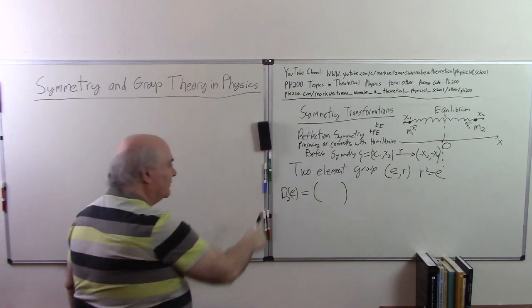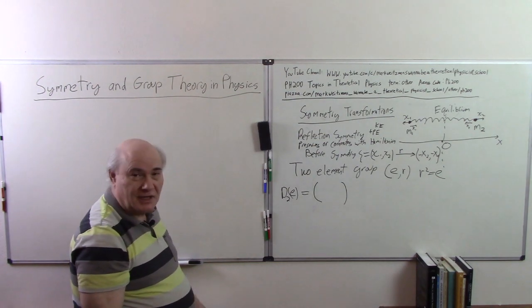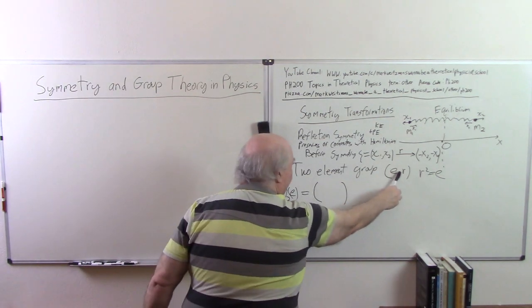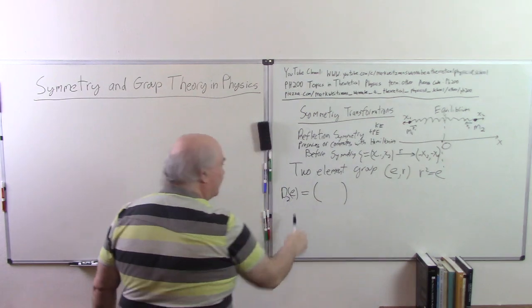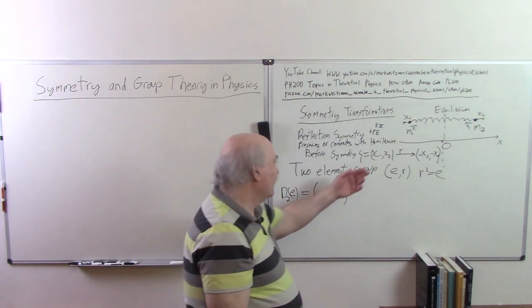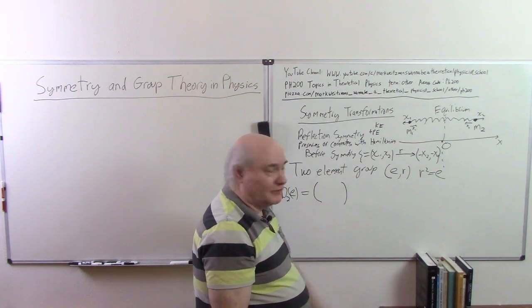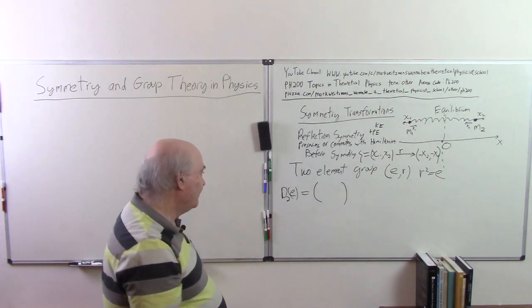D is what we usually use as the symbol for the representation matrices of group elements. I'll discuss this more thoroughly in a while, but basically for each element of the group, we're going to map to a matrix which is going to represent that element on the vector space of the group. In this case, the vector space is just this displacement vector, x1 and x2.